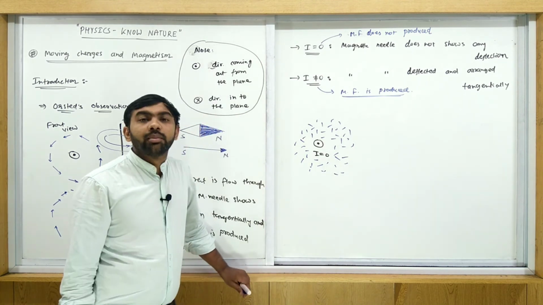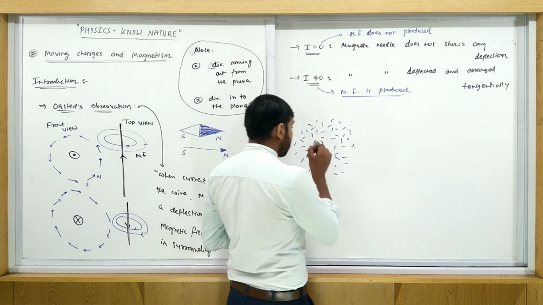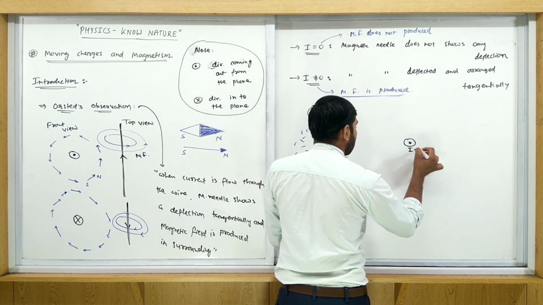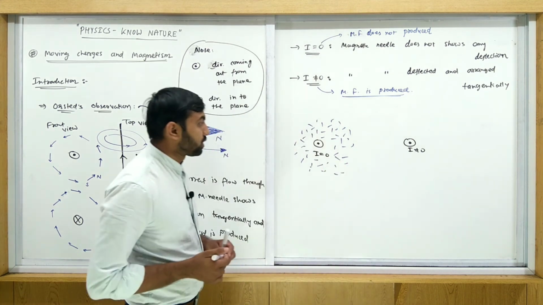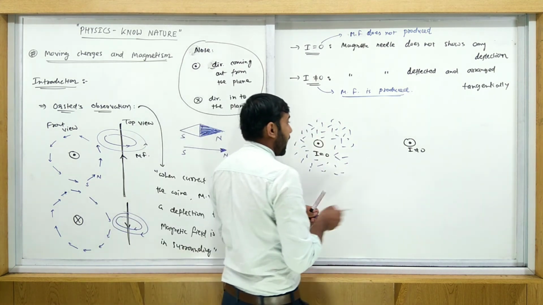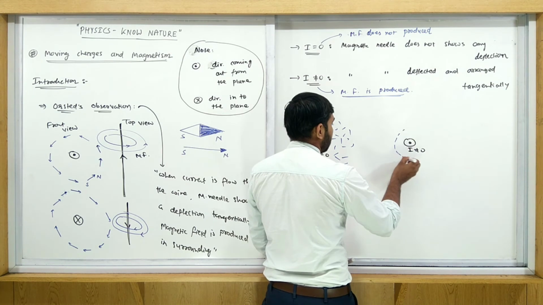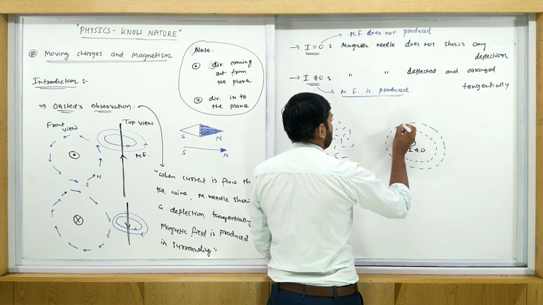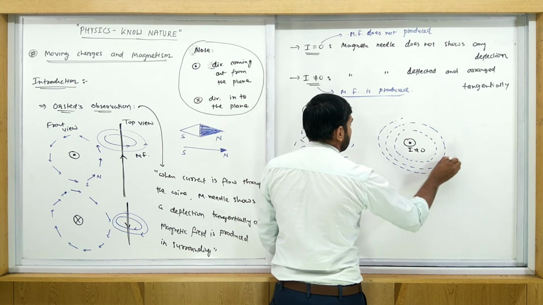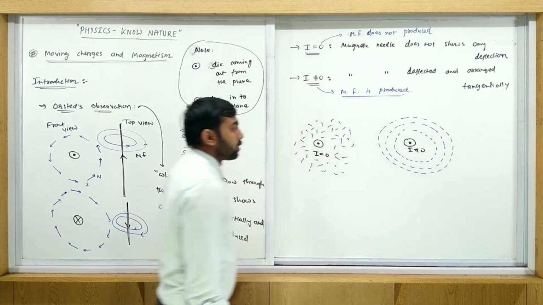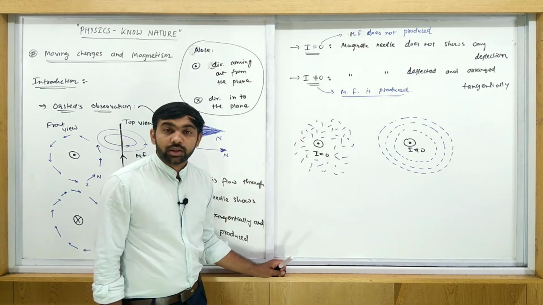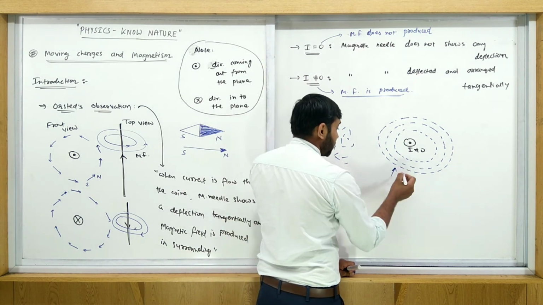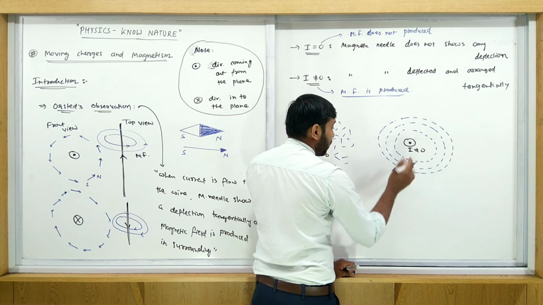They are arranged randomly, but when current flows through this wire, the iron filings are arranged in this format. Suppose in this case current does not equal 0, means current is passed through the wire. So all these filings are arranged in some proper format like this. So these filings are arranged in this format because of the magnetic field.